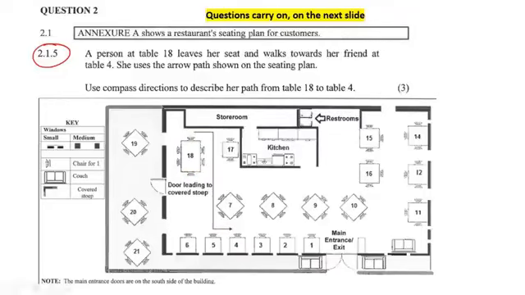Okay, so the person at table 18 stands up and heads in a... well, let's quickly get our compass. So we know that's north, west, south, east. So she heads in an easterly direction. Use compass directions, so we would say she goes east.